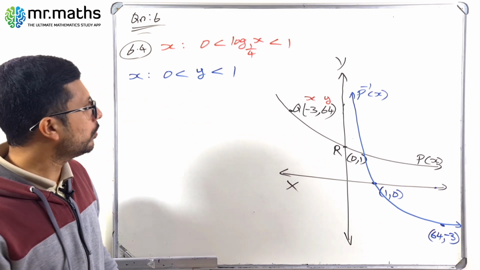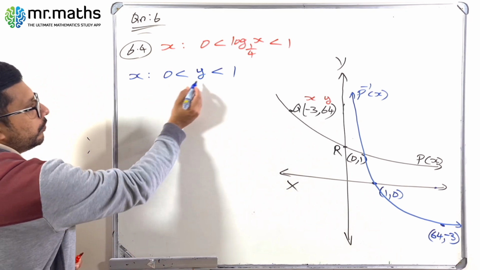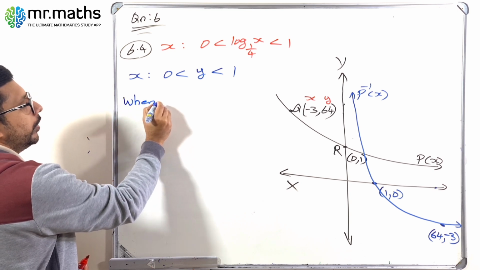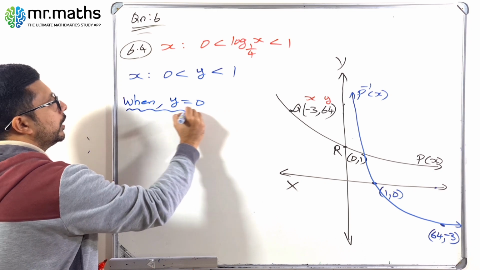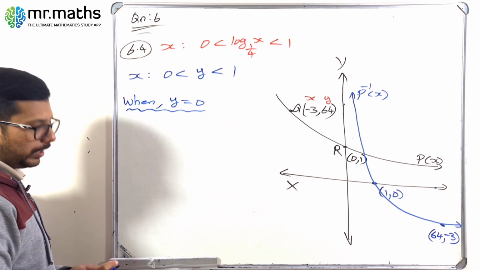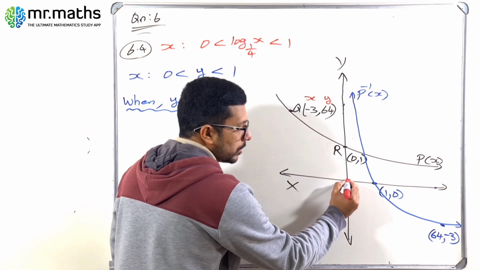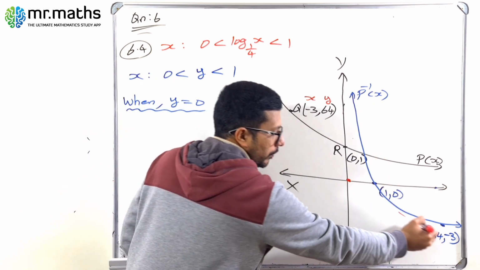Okay, so now what I'm thinking here, when y is equal to 0, what is the corresponding x value? Look at this one. This is y0. Am I right? Okay, so we are talking based on this P inverse of x graph.